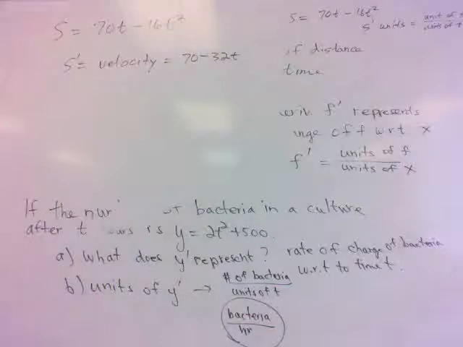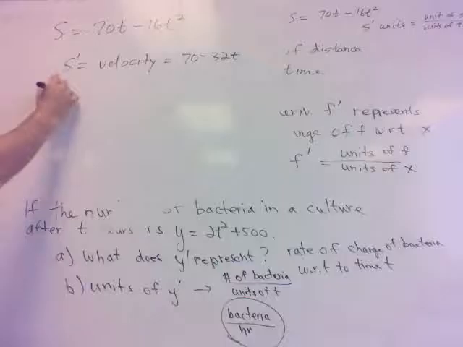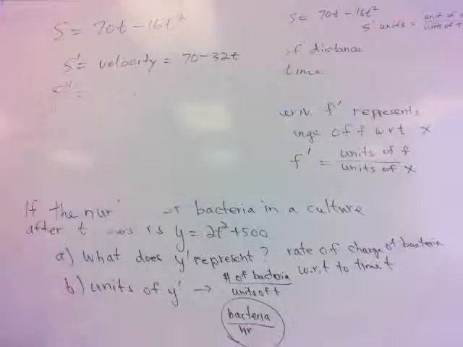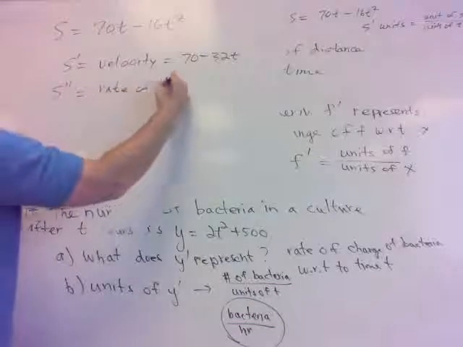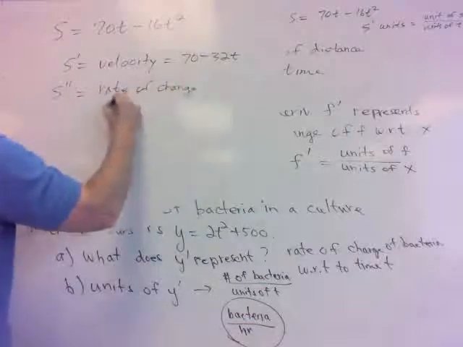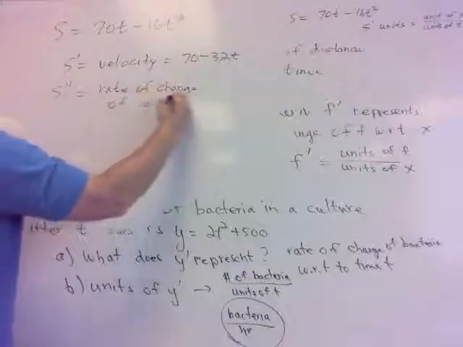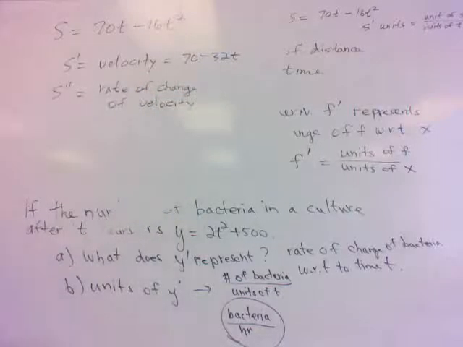Well, what if I did a second derivative? Well, the second derivative would be the rate of change of the first derivative, which is the velocity, right? Because you do a derivative, you get a rate of change.